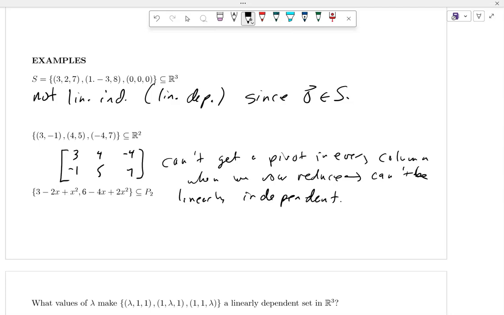In this case, how many vectors are in my set? There's just 2 vectors, because there's just the 2 polynomials. So if it's going to be linearly dependent, we said we could tell if it's a scalar multiple. Are they scalar multiples of each other? Yeah. What do we need to multiply the first one by to get the second? 2.